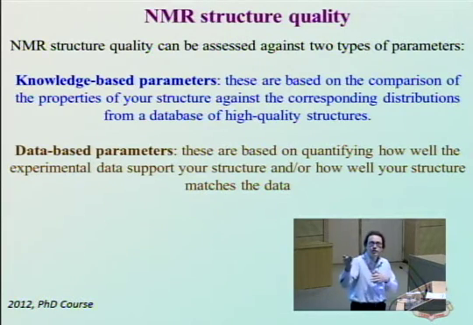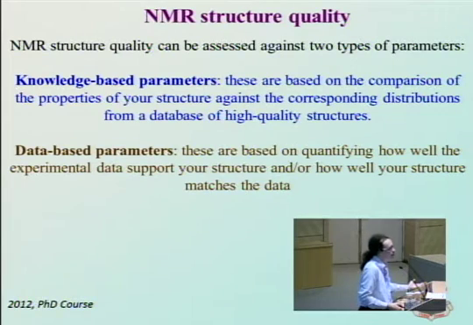So, for example, high-quality structures have 98% of residues in the best regions of the Ramachandran plot. My structure has only 85. That's a problem, or at least that tells you that your structure does not look like a high-quality X-ray structure.